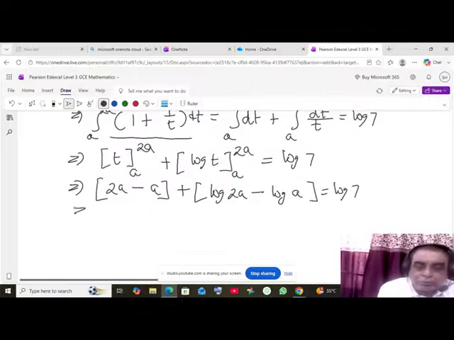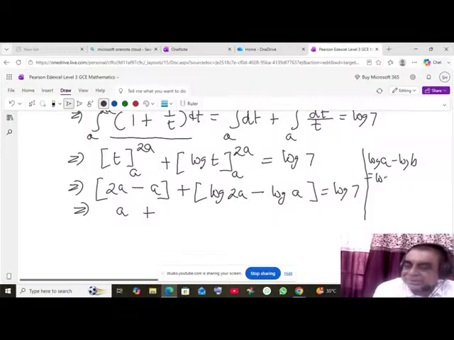Now you simplify here. 2a minus a is a, and here you should know this formula of log. If there is log a minus log b, when we write these two logs together, it is like this: you write log, and this will be a divided by b.